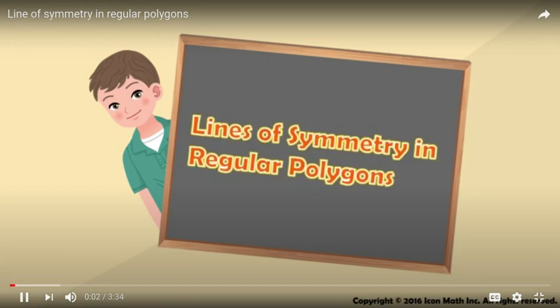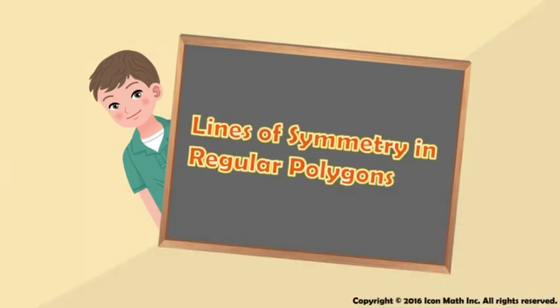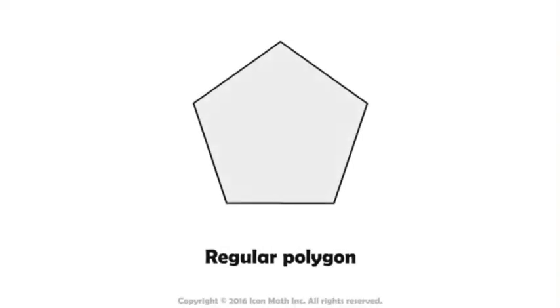Lines of symmetry in regular polygons. A regular polygon is a polygon with equal sides and equal angles. Let's take a square as an example of a regular polygon.